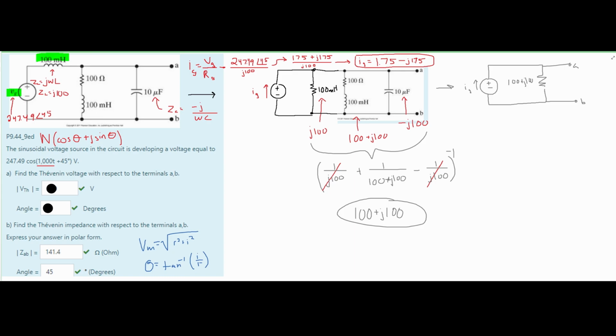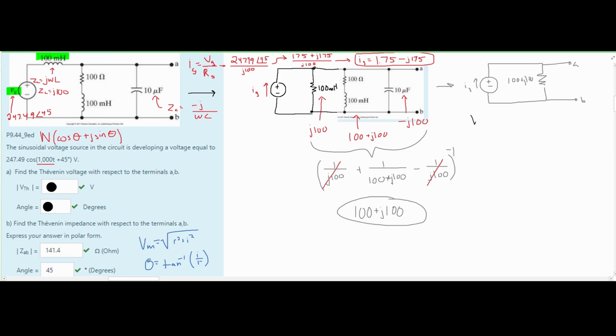Now we need to find the Thevenin voltage. And to find the Thevenin voltage, we are just going to convert this part back to voltage and then an impedance in series. So we're going to say that our voltage V of AB, which is also equal to our V Thevenin, which is what we want to find, is going to be equal to our I of G times the impedance.